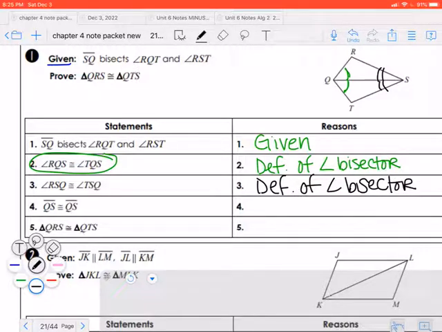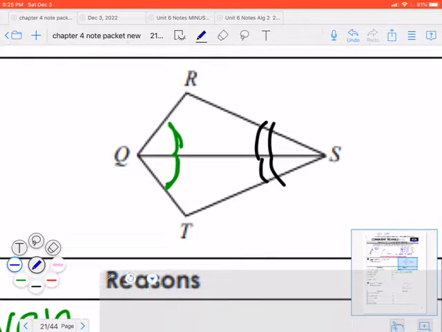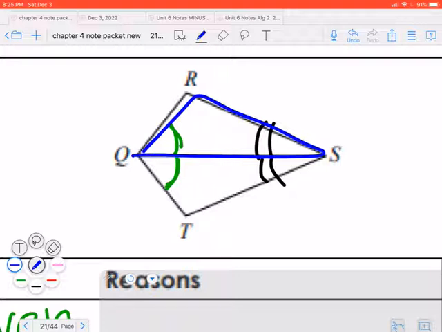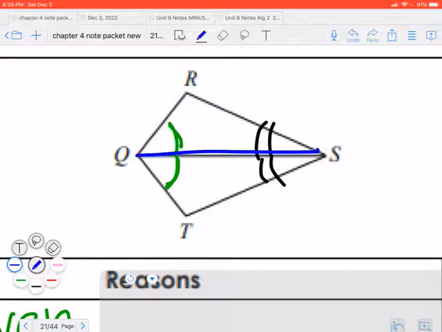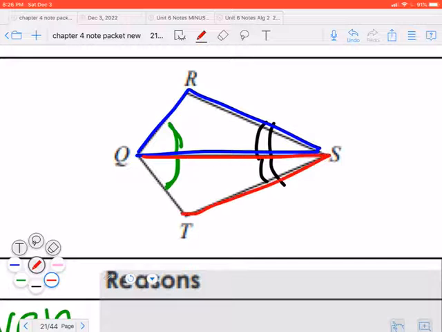All right, so now we have angle, angle, and now we need the side in between the two angles. If you look at just one triangle, we've got an angle, and now we need that side in between. And if you'll notice, QS is a side of the top triangle, and it's a side of the bottom triangle.